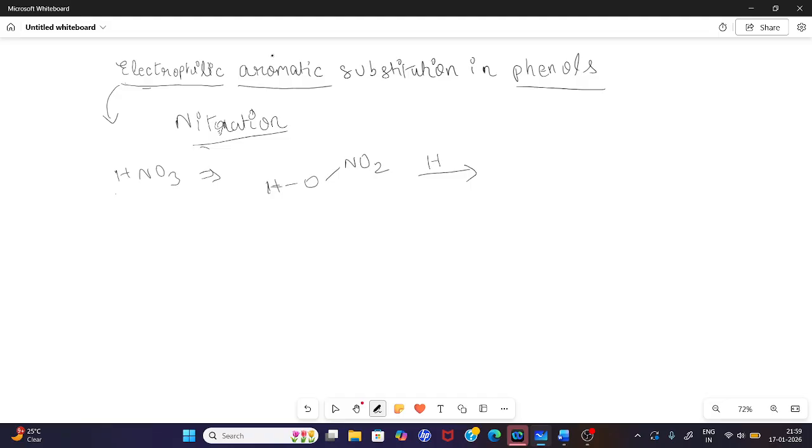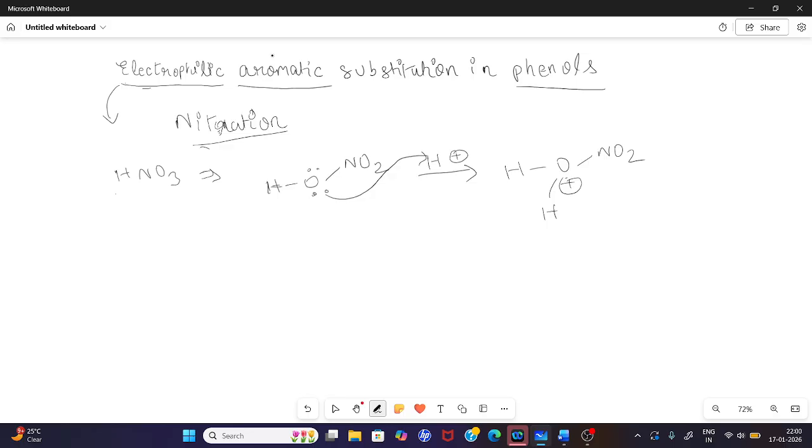So when you provide a source of an acid in the solution, this oxygen has lone pairs, so this lone pair captures this proton, and simultaneously you get a positive charge on this particular oxygen.